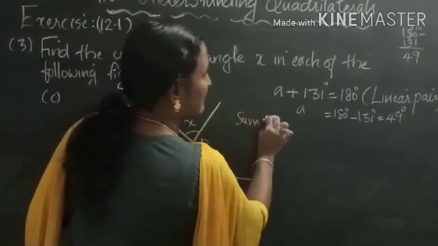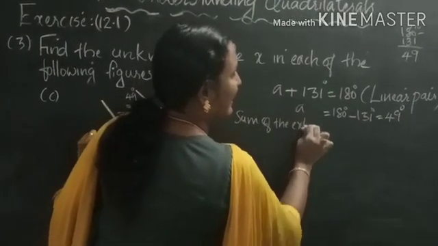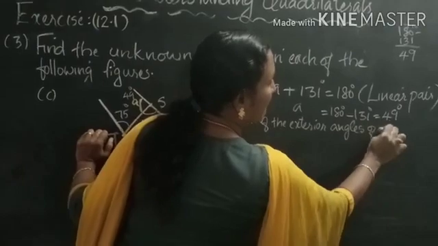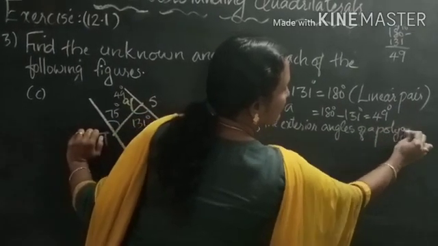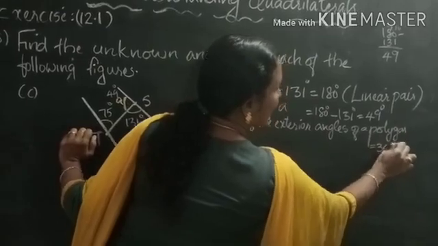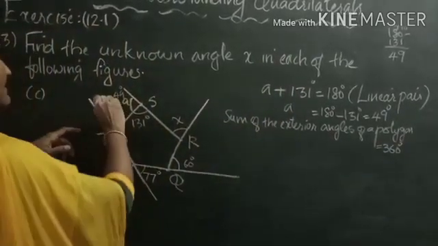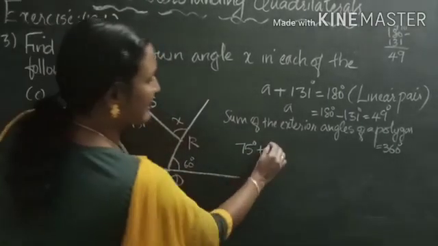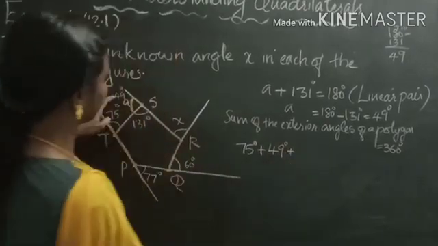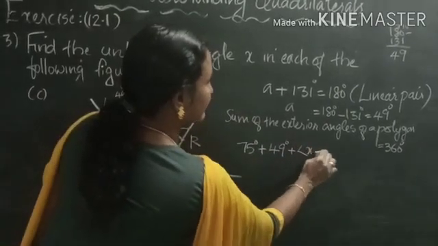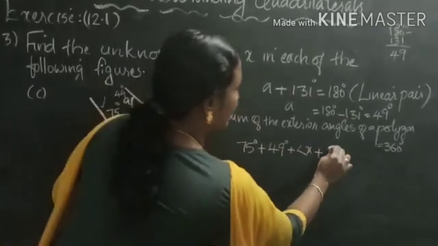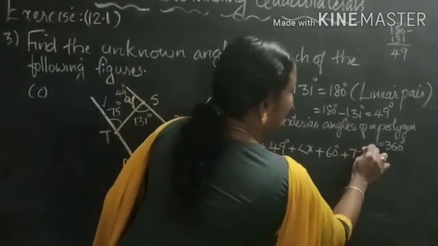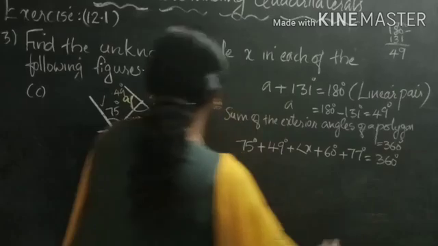The sum of the exterior angles of a polygon is equal to 360 degree. Adding all the exterior angles: the first angle 75 plus 49 plus angle X plus 60 degree plus 77 is equal to 360 degree.